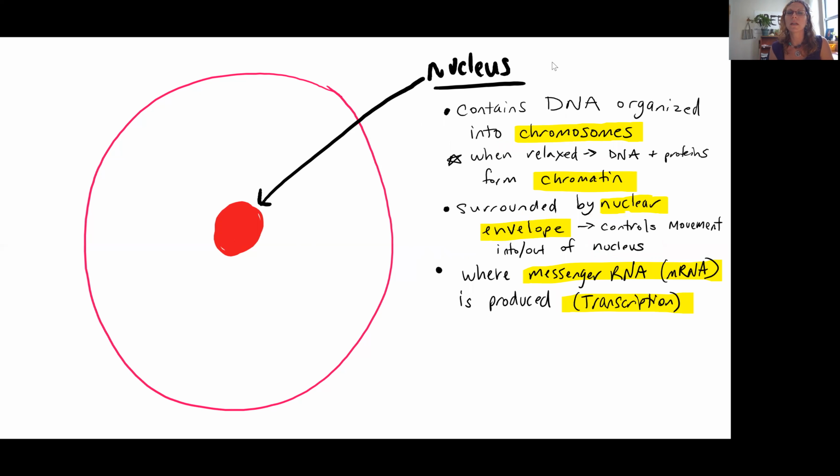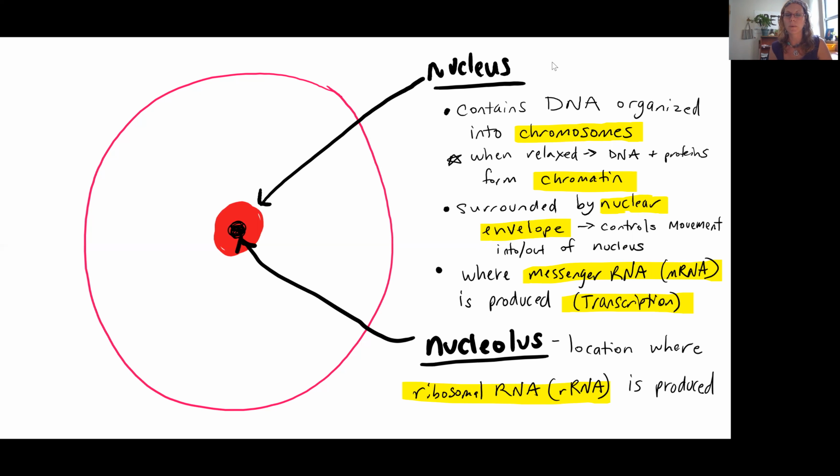We also will see that messenger RNA, or mRNA, will be produced in the nucleus through a process called transcription. Now, we'll be talking more about mRNA in the future. We'll have a whole chapter that investigates this process of transcription in a lot of detail. So just start to memorize that transcription is happening here in the nucleus.